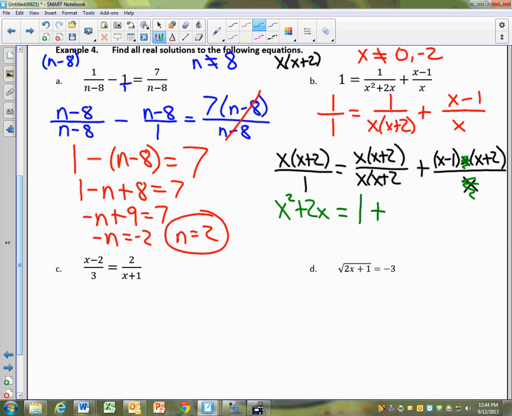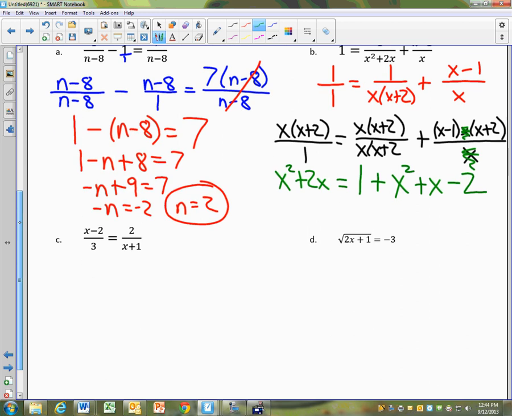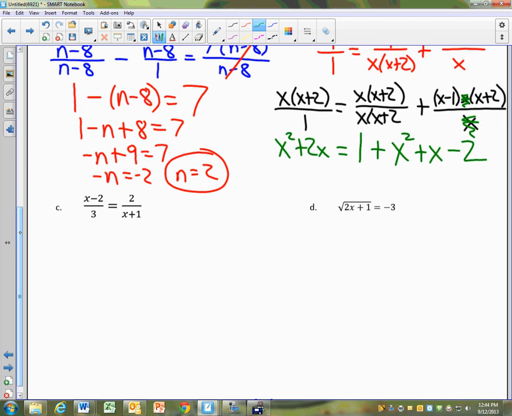What's x minus 1 times x plus 2? X squared plus x minus 2. When I FOIL it out, that's what I get. That equation is much better than dealing with what you would have gotten before. What do you want to subtract from both sides? X squared.